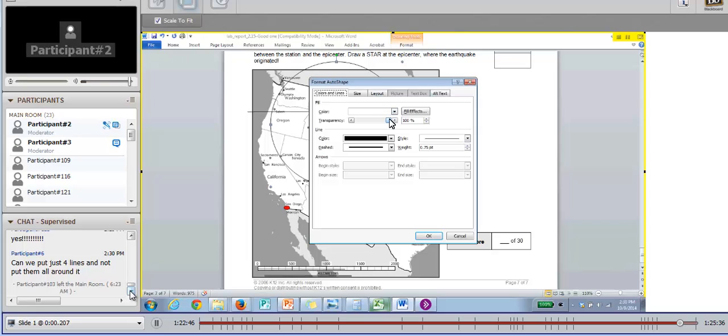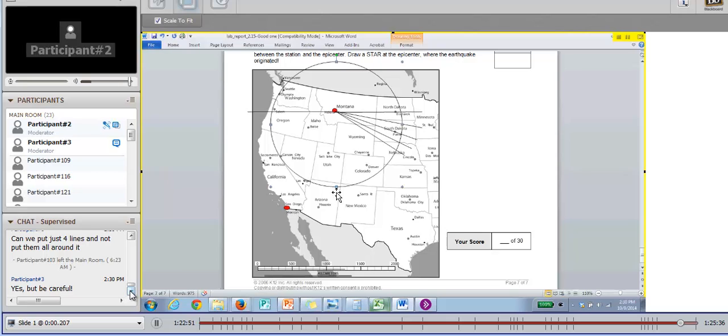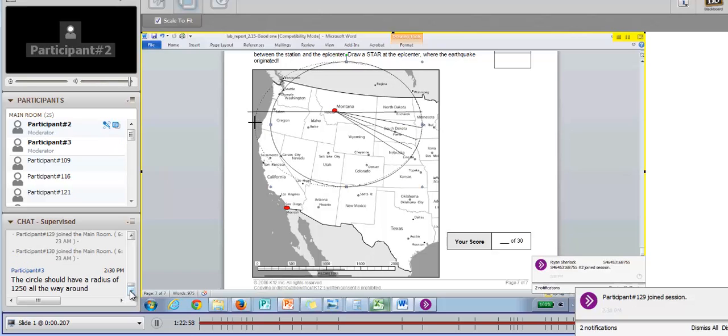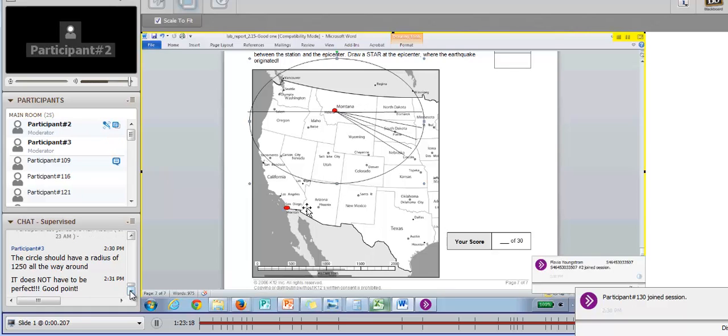And then just turn your transparency all the way up to 100%, so your line is transparent. And just move your circle to meet your line. Okay? It's going to take some time and some fishing, and we don't expect it to be absolutely perfect, right? So we know that this radius is 1250, so you can keep measuring, move your circle, make more of those lines, and do it again for each point.